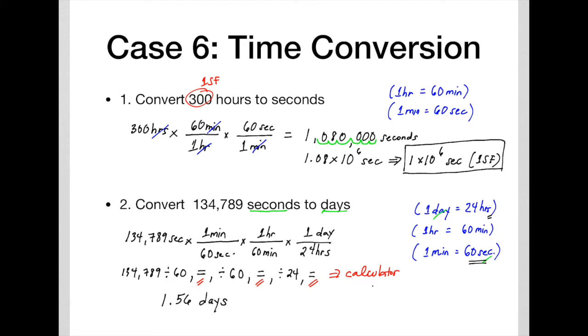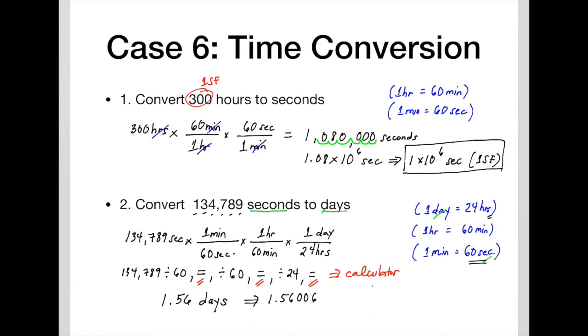Okay, now, how many significant figures do we have? 1, 2, 3, 4, 5, 6. So we have 6 significant figures. So I may round it off, or simply have a number with more significant figures, and that is 1.56 and then 0, 6. 1, 2, 3, 4, 5, 6.